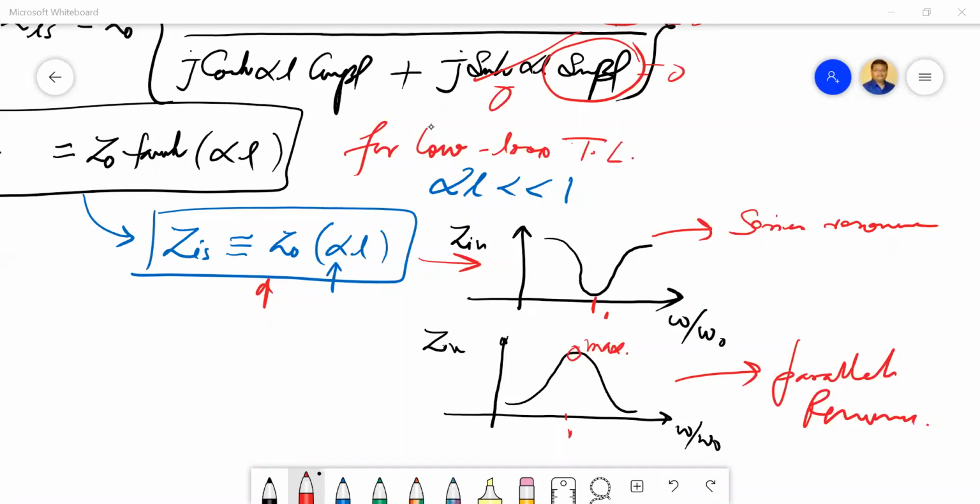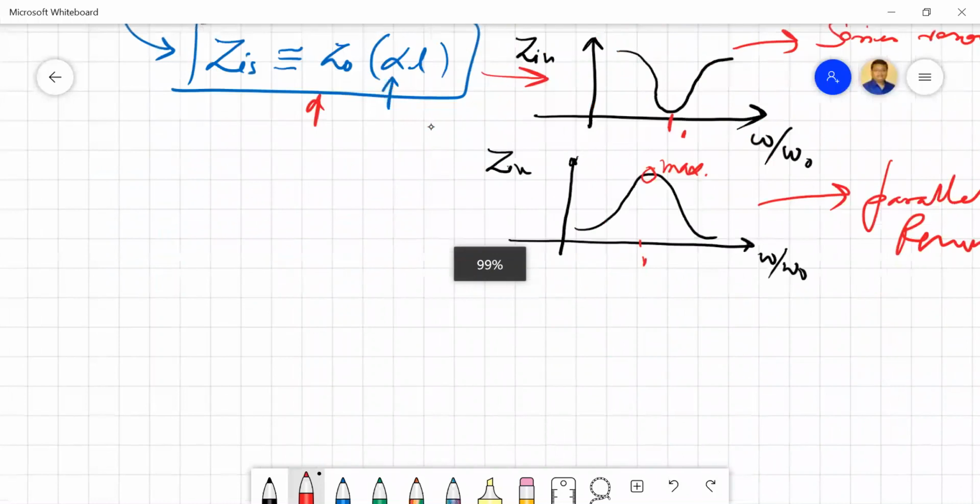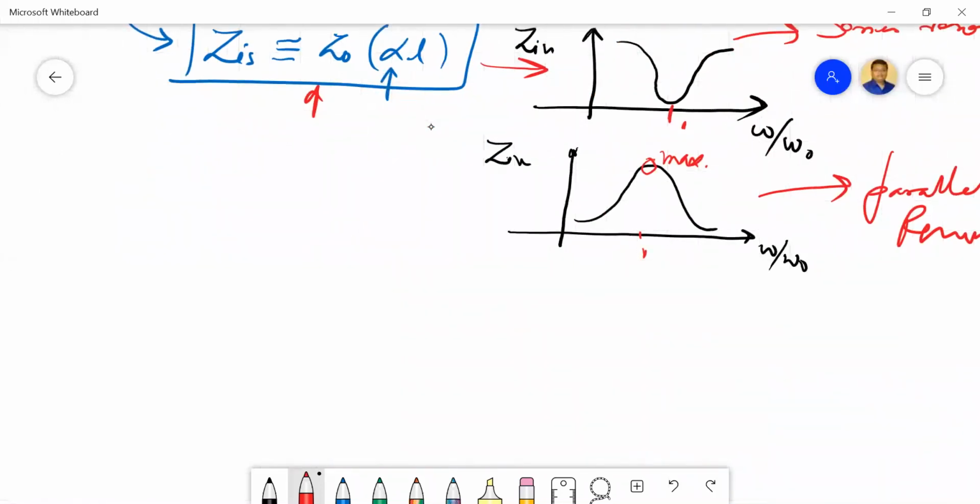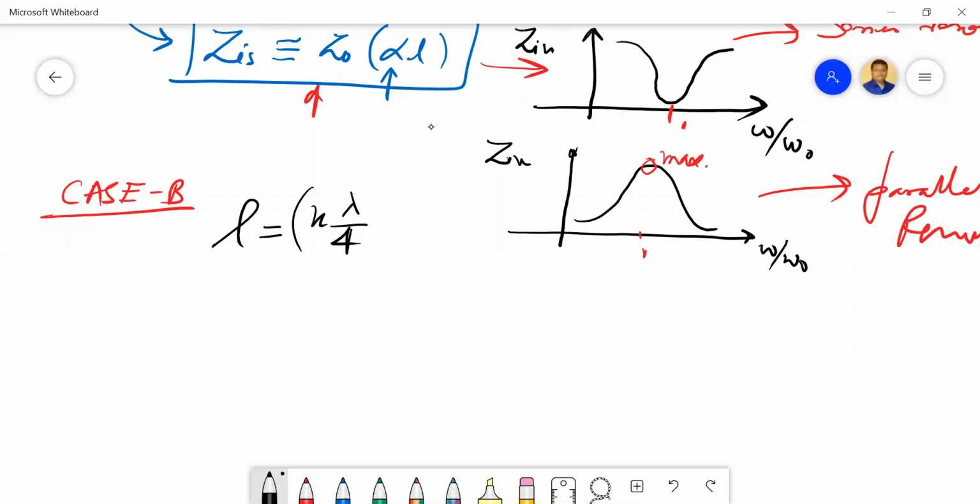Now how can we define the parallel resonance circuit? Let us consider case B, where we assume L is a multiple of lambda by 4. It means that βL will be nπ/2, and n is odd here.